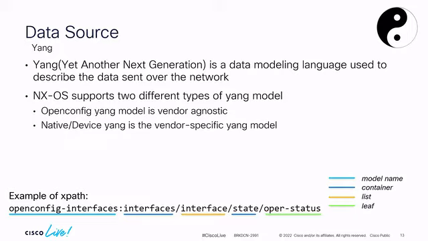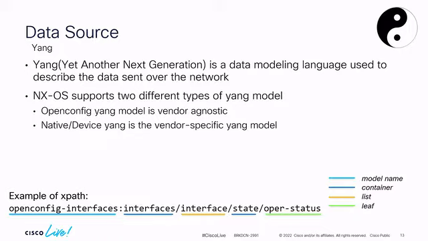I would not say this is an open standard, but it is more like a mutual agreement from different vendors. Different vendors agree, okay, we're going to support this OpenConfig YANG model. That's just a mutual agreement. And also, we support some vendor-specific models, which in Cisco we usually call the native YANG model or DME YANG. So this is a vendor-specific YANG model. So we have two different types of YANG model support here.